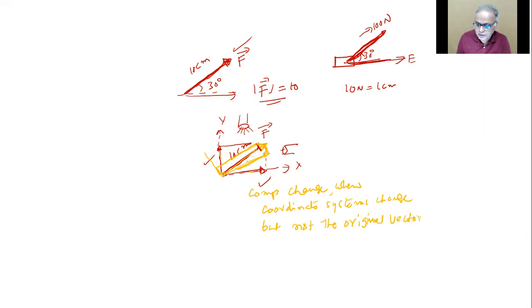See, component vectors means their sum will give this vector. So I can represent my vector in terms of different component vectors depending on the coordinate system I take, but my vector will be the same vector. That's the meaning of it doesn't depend on the coordinate system, or it is invariant under rotation of the coordinate system, people might say. But that word you can keep aside for a while.